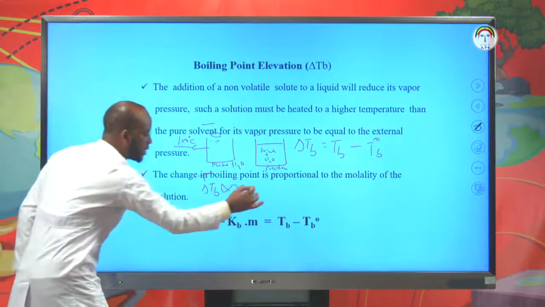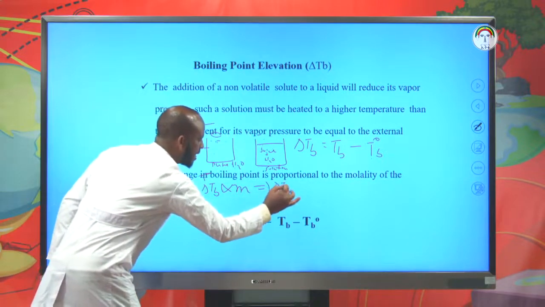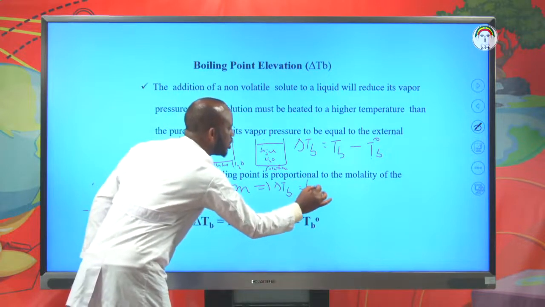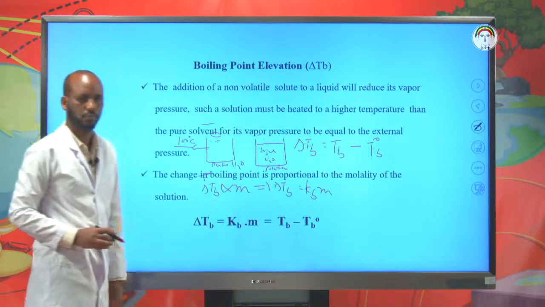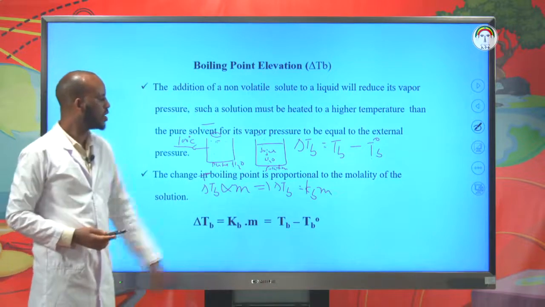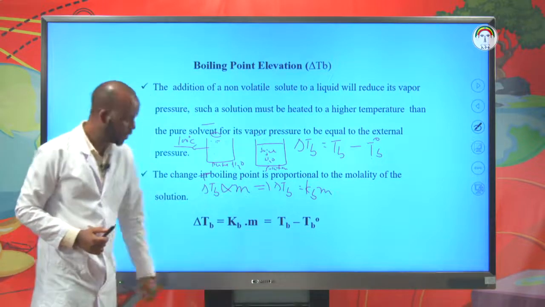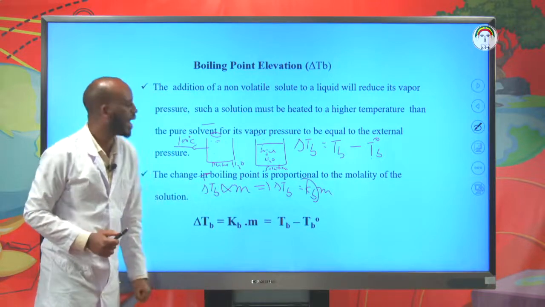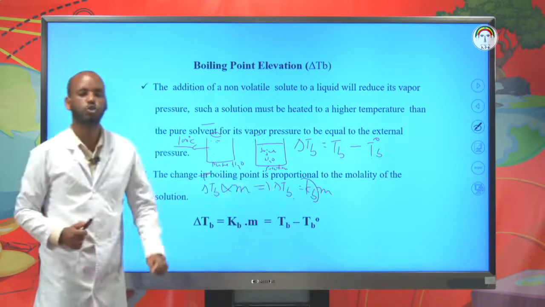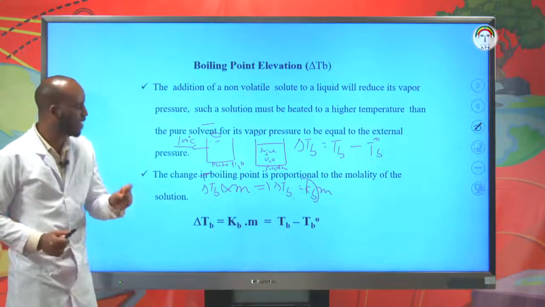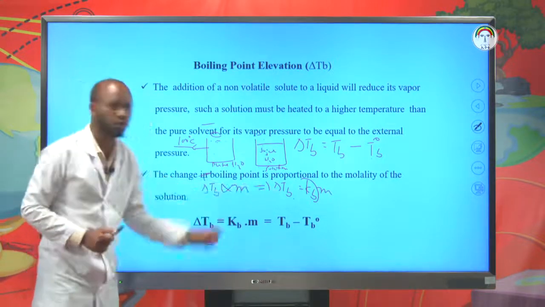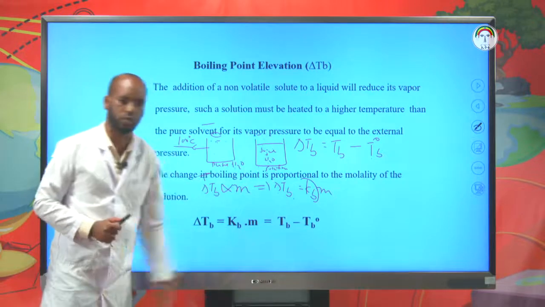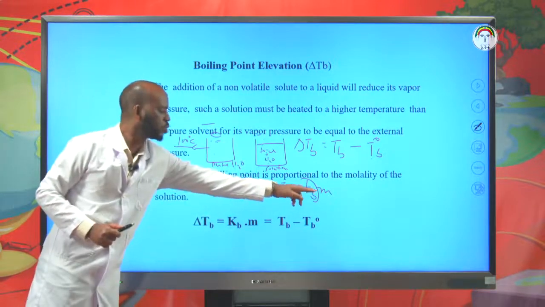Therefore, delta TB equals Kb times molality of the solution, which is an example of colligative properties of a solution because it depends on the concentration of solute.